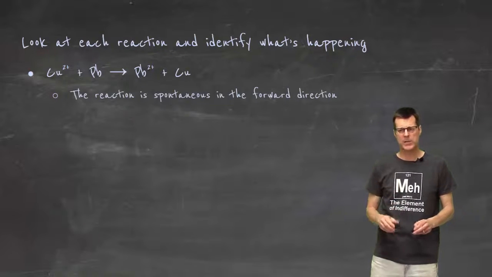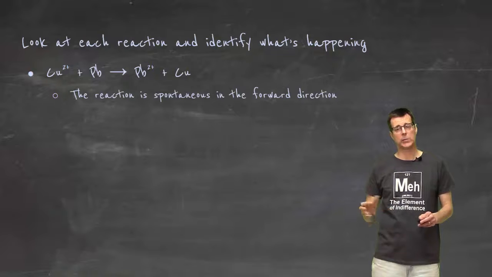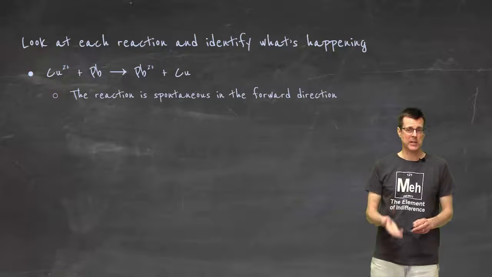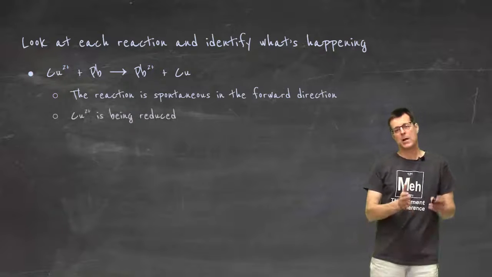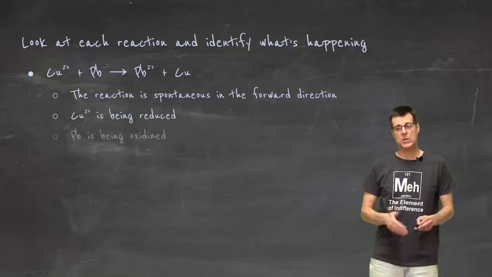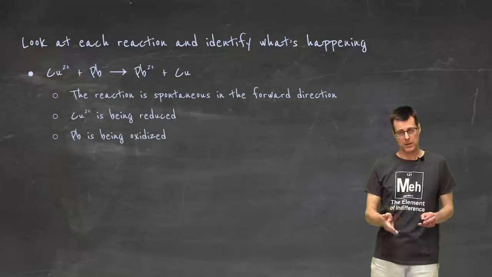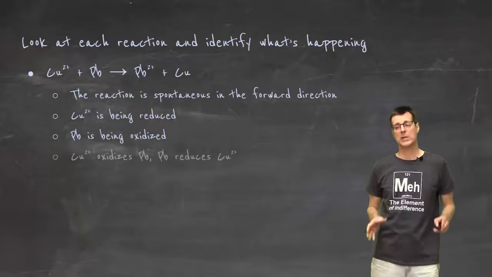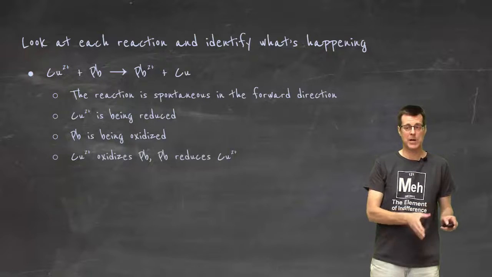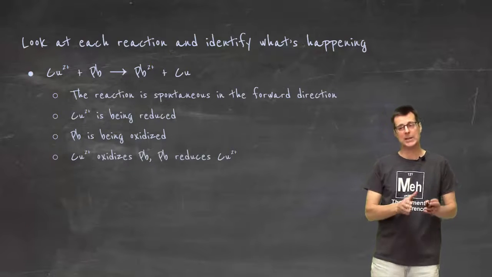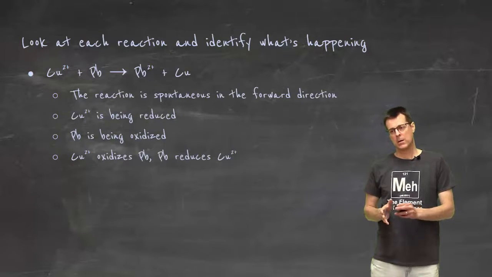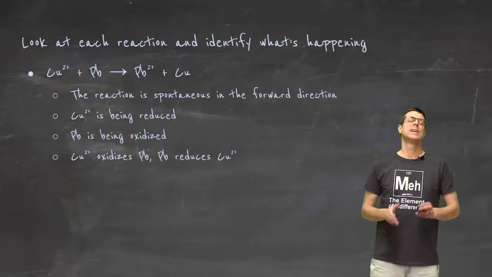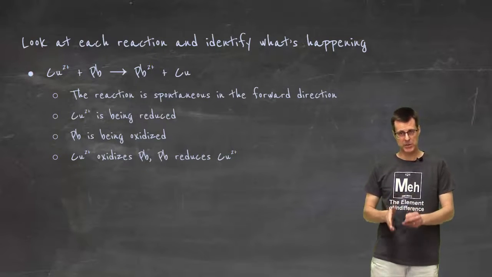So in the first reaction, where copper ion is reacting with lead metal, that reaction is spontaneous because I'm showing products. Copper ion is being reduced and lead metal is being oxidized. Now, if I look at these things in terms of the agents, copper ion is oxidizing lead and lead metal is reducing copper.